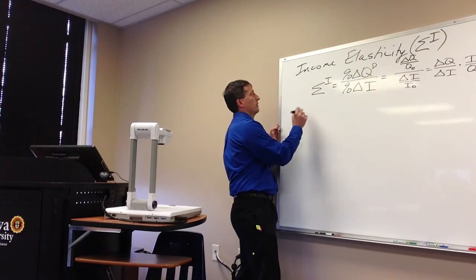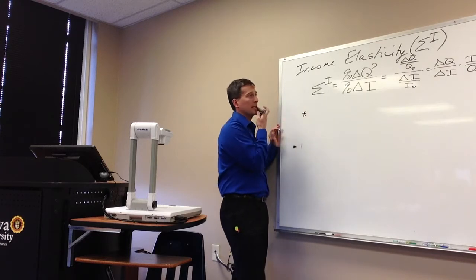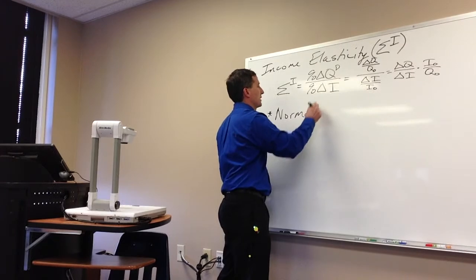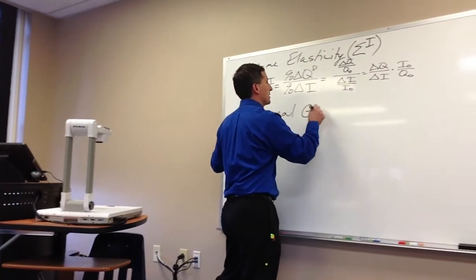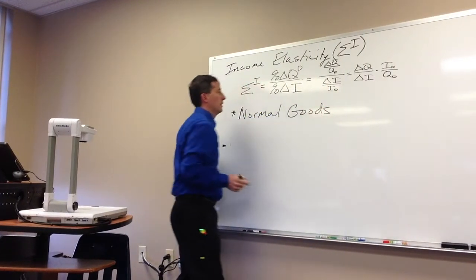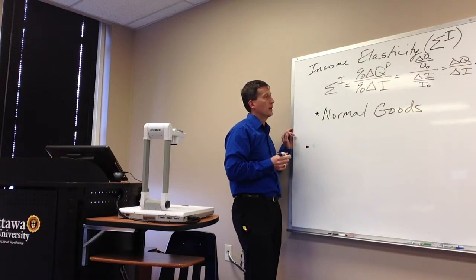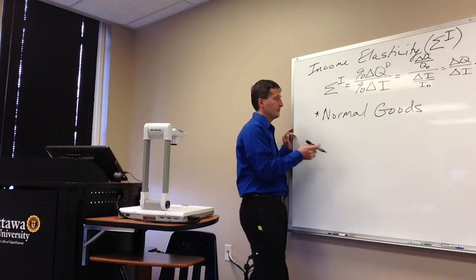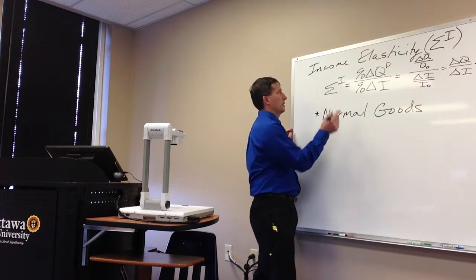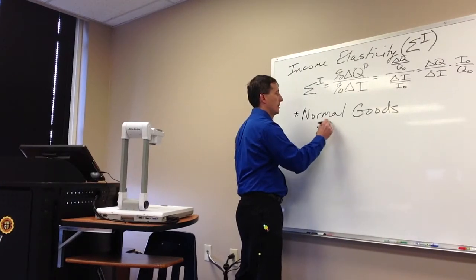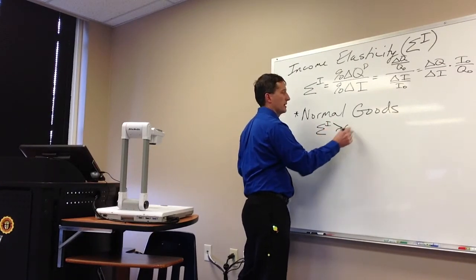The key here as it relates back to the demand curve is our two cases of normal goods and inferior goods. So in the case of a normal good, the sign of the income elasticity is greater than 0.